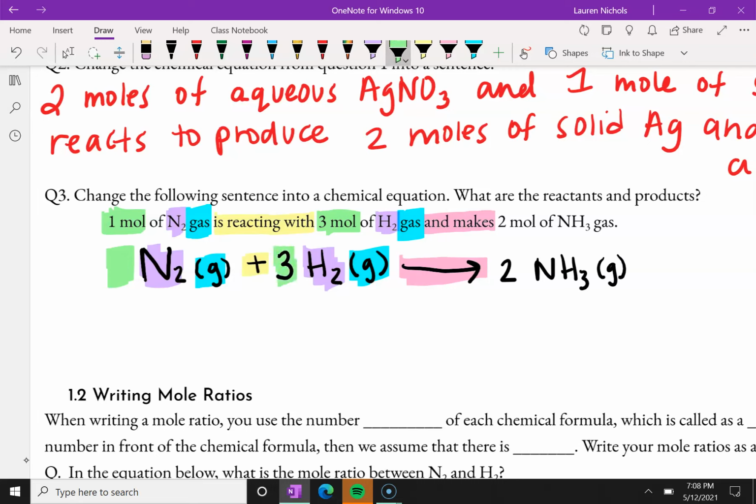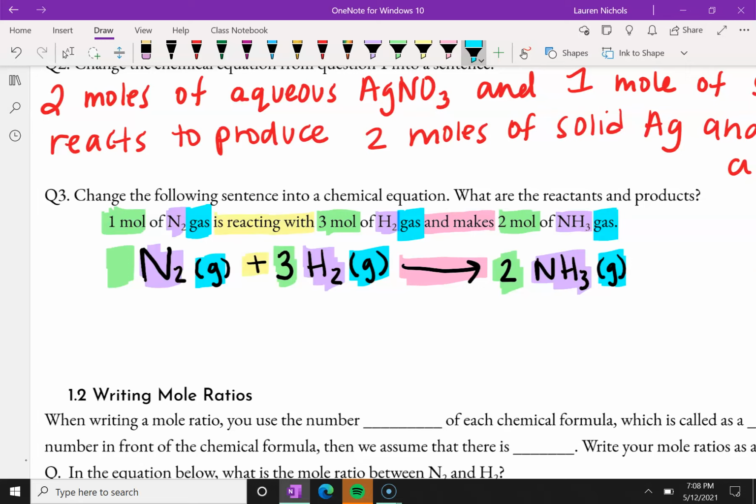So I forgot to highlight this 3. So we've got the 2 moles is represented by the 2, the NH3 is our formula, and then we have our state of matter, which is our gas. So hopefully the color coding can help you really see how the words and the chemical equation are connected.